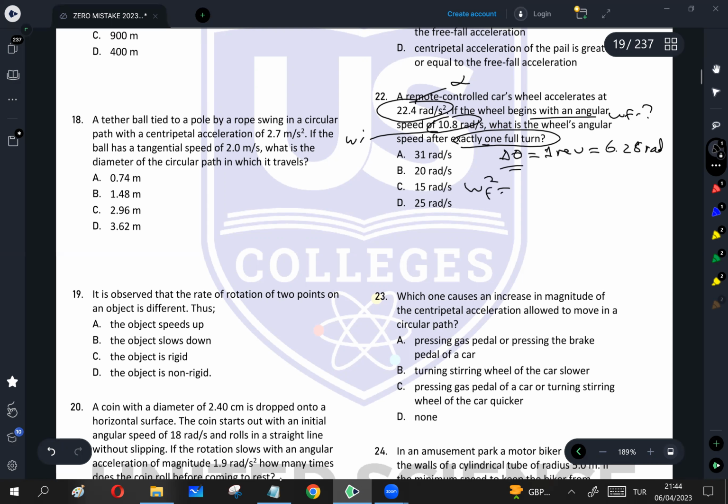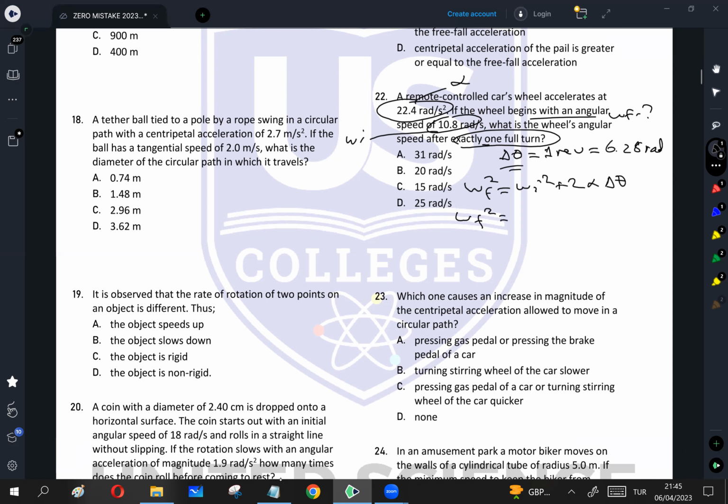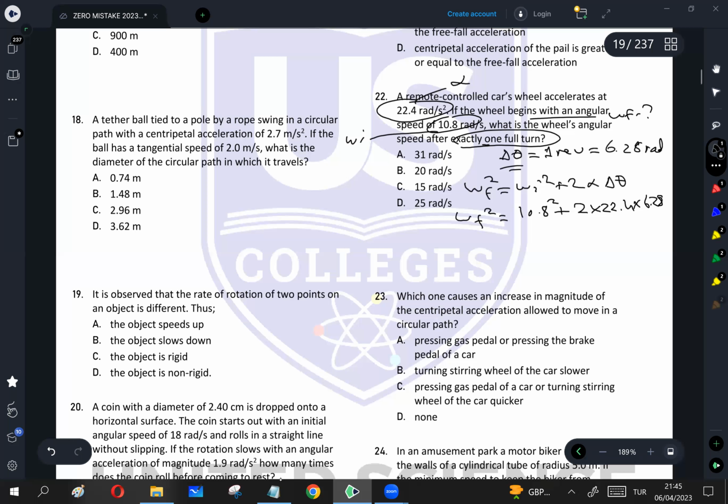The kinematic equation without time: omega final squared equals omega initial squared plus 2 alpha delta theta. The wheel begins with 10.8, so omega final squared is 10.8 squared plus 2 times 22.4 times 6.28.